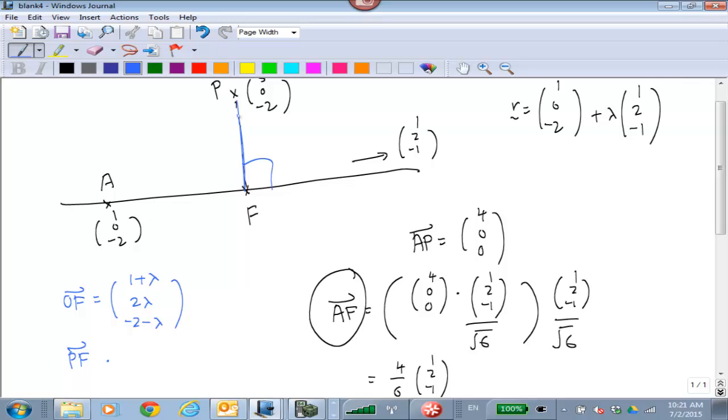I don't have AF. But I have one thing on my picture. Oh yes, what is the direction vector? Correct. (1, 2, -1) must give you 0. Agree. Can I find PF? Yes, right. Because I just use OF minus OP. Then the dot product will allow me to find what? Lambda. From the lambda, OF comes.